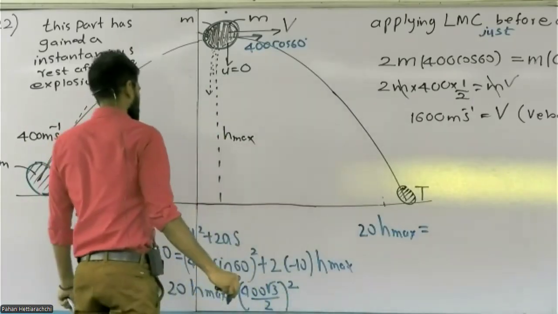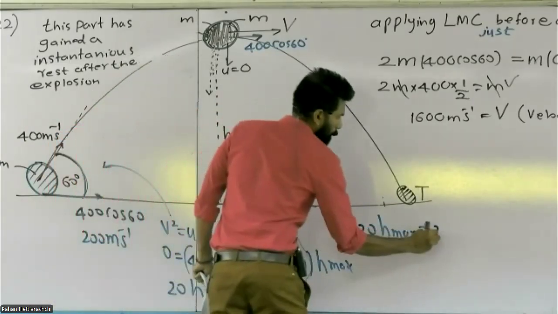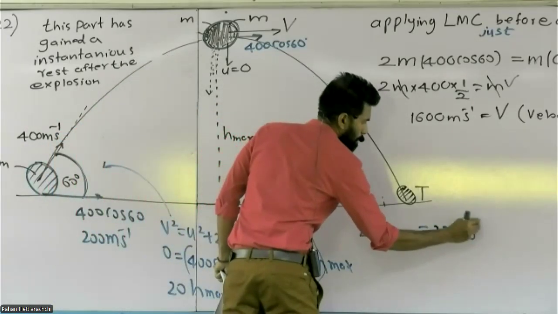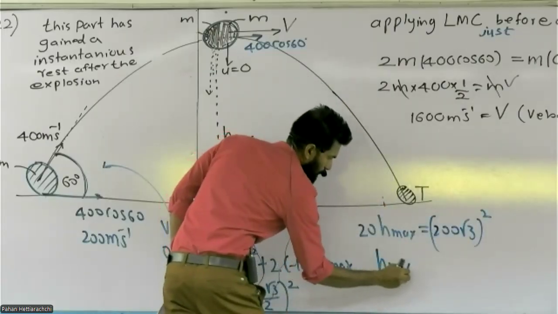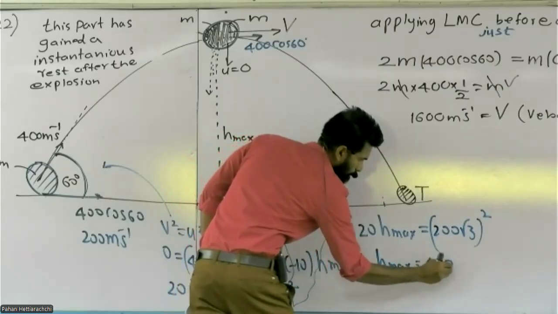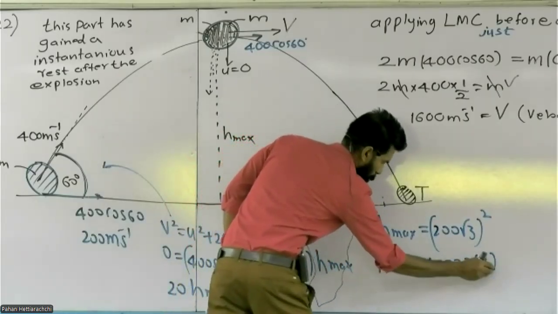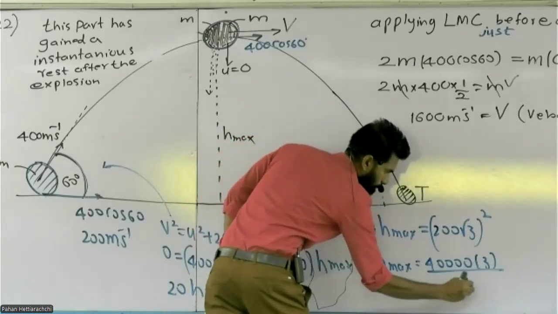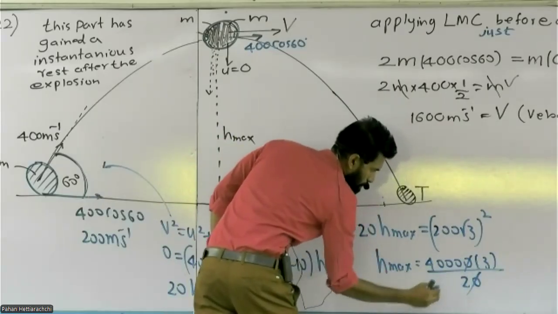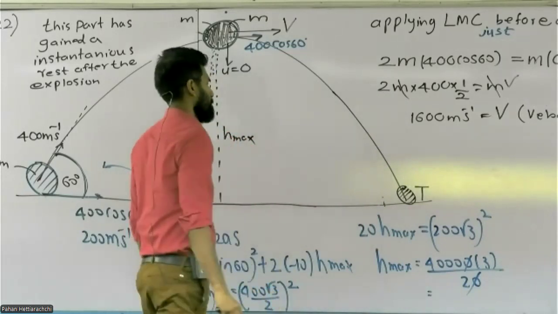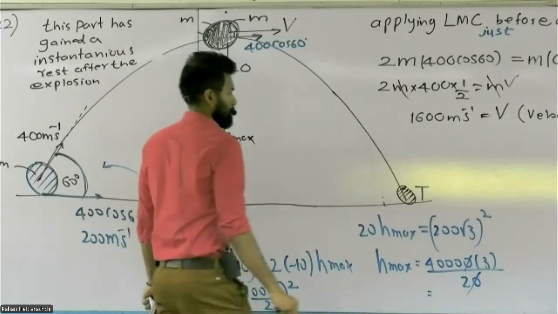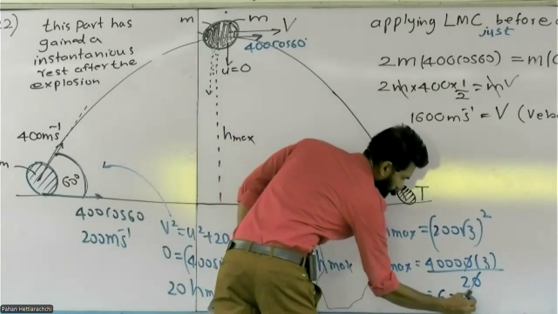20 h max equals 200 root 3 square. H max is equal to 6,000 meters.